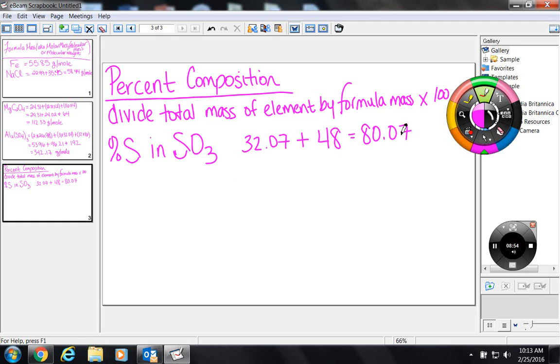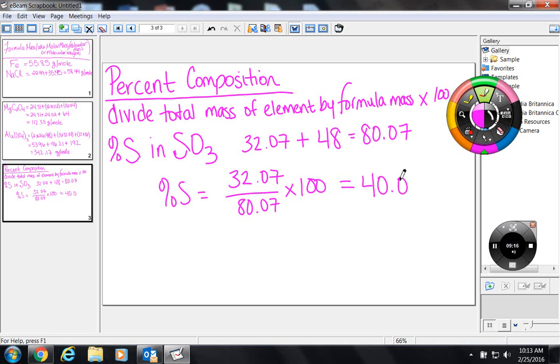So I'm going to say 32.07 divided by 80.07 times 100, and I get 40.05%. Does that make sense?